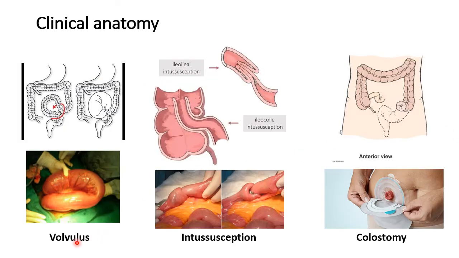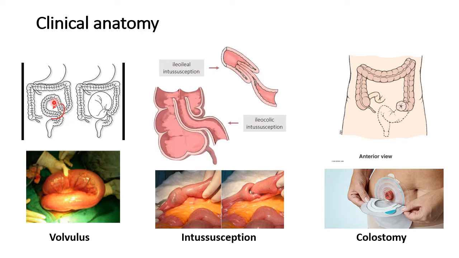So this is one of the conditions. The other condition that can happen in the large intestine is called a volvulus. A volvulus happens in parts of the intestine that have a mesentery. So it does not happen in retroperitoneal parts, but happens in the intraperitoneal parts.